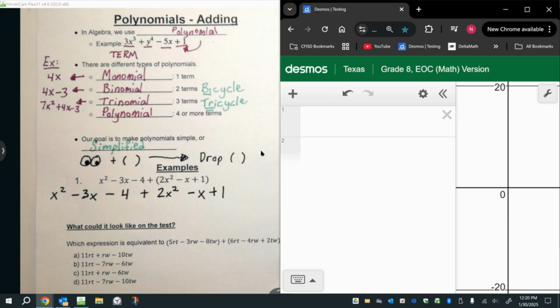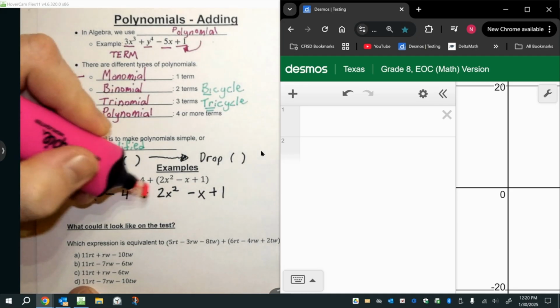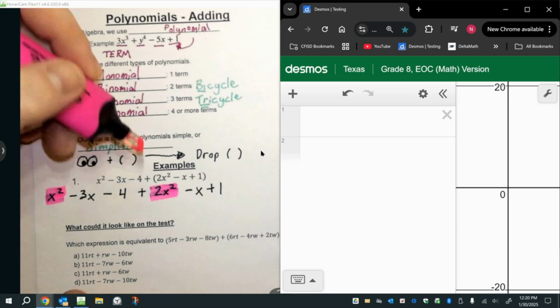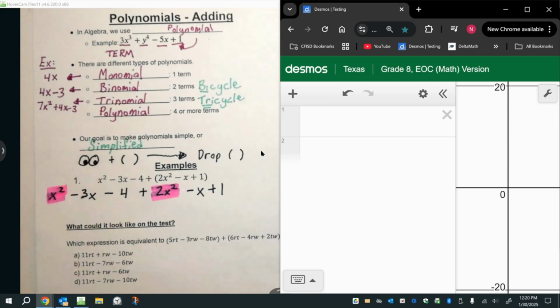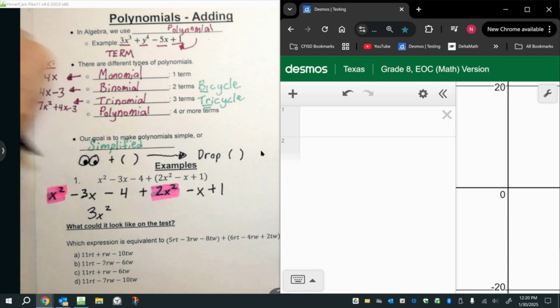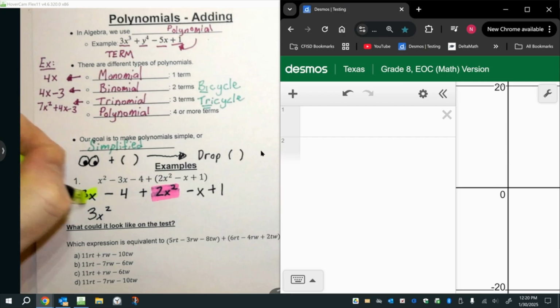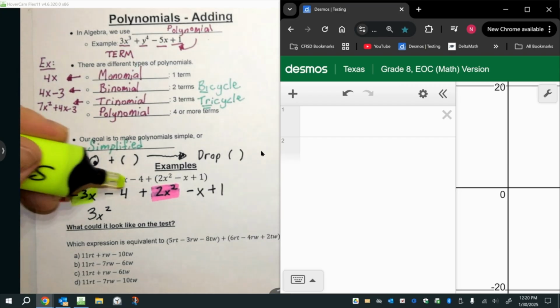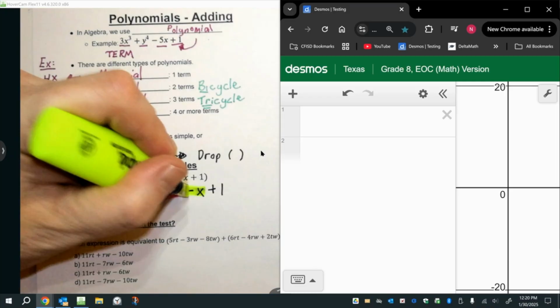All right, so the first thing we're going to do is, we have an x squared here. That's not an x squared. Here's an x squared. Okay, so we're going to combine those 2 things together, and that will make 3x squared. Then I'm going to combine the next term. I have negative 3x, and I can combine him with not that, but this.